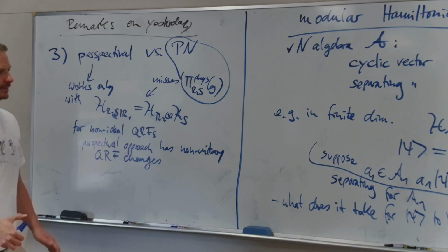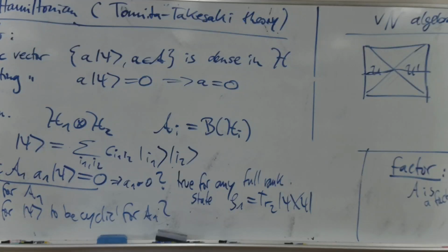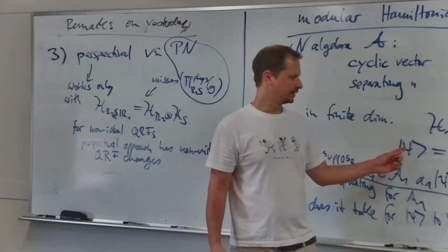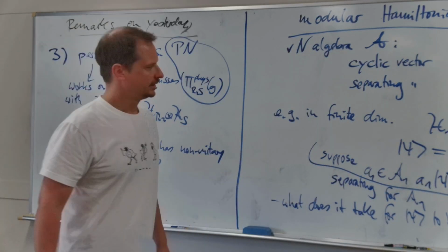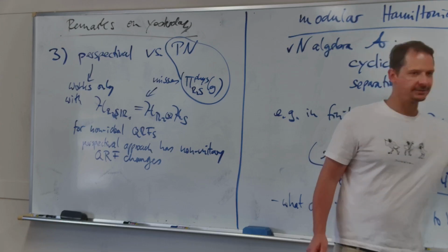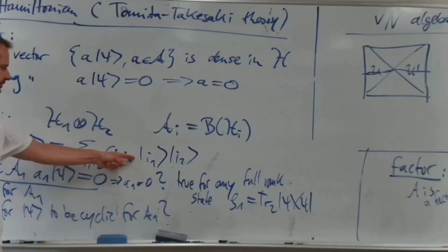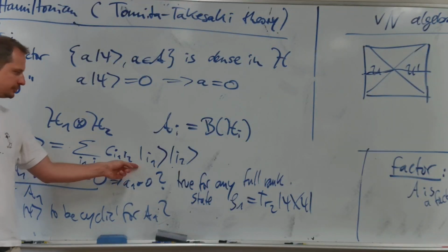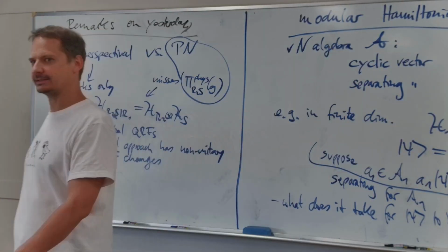Basically, we can take all operators from A1 and act on one fixed state. What we can do is modify this part here, but we can't modify this one. So you can change the coefficients here by doing something to the first part of the tensor product.